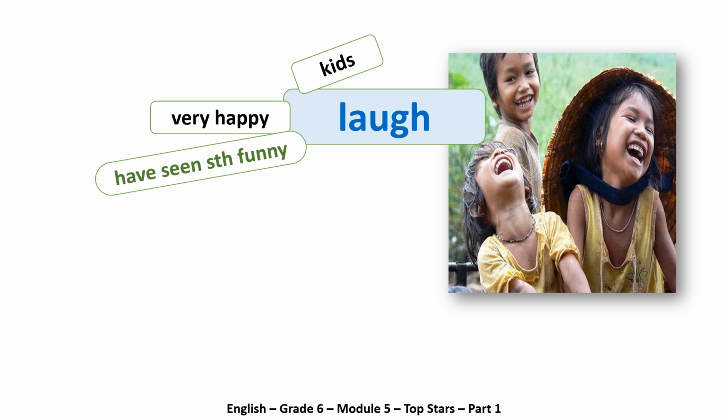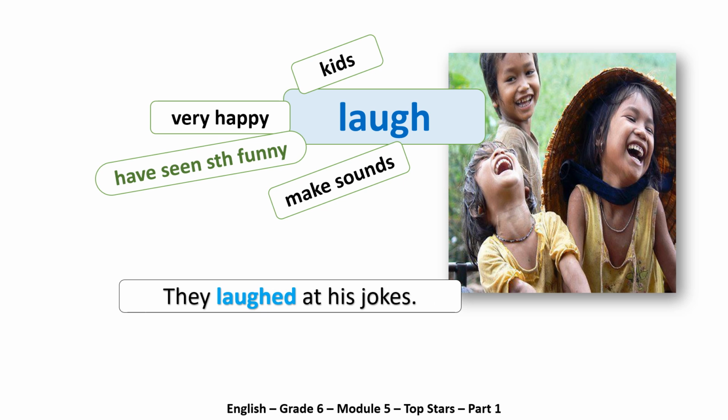To laugh is to smile while making sounds with your voice that show you are happy or you think something is funny. For example, they laughed at his jokes. Repeat after me. Laugh.